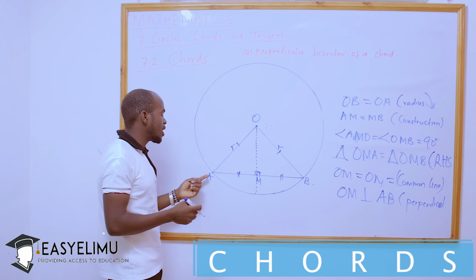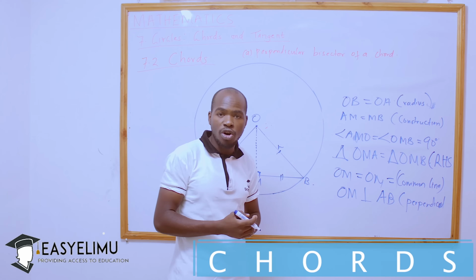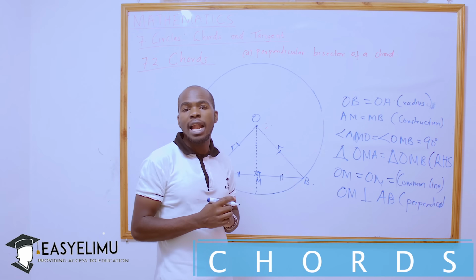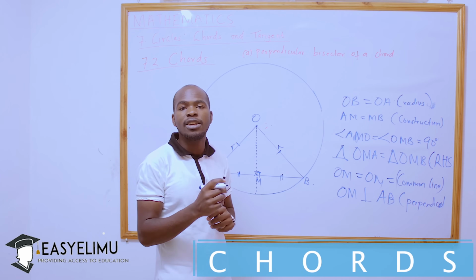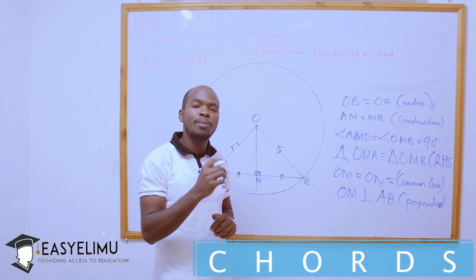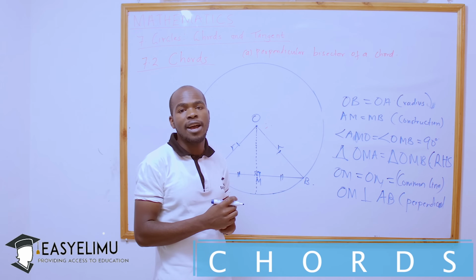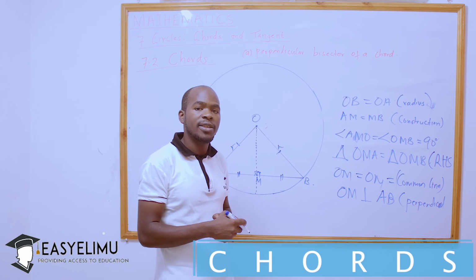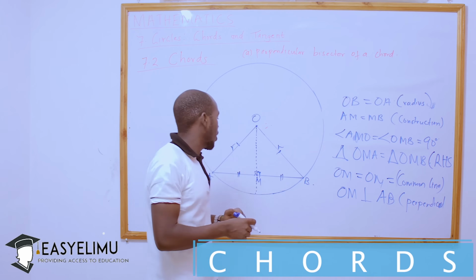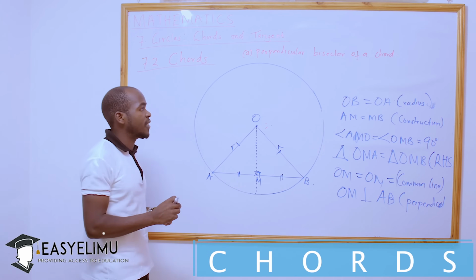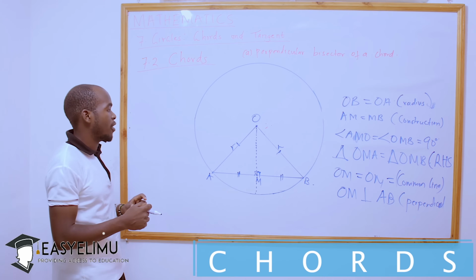So it's like constructing a perpendicular bisector to the chord. Any perpendicular line drawn from the center of a circle will always bisect any chord in that circle into two equal parts. So it will be a perpendicular bisector of that chord. That is how we see the perpendicular bisector of a chord.